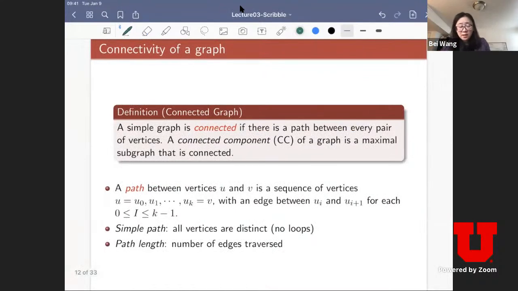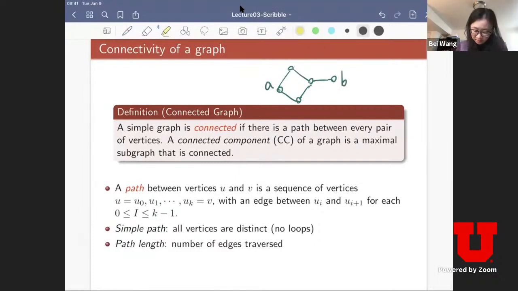All right, so the next thing is the notion of connectivity of a graph. A simple graph is connected if there is a path between every pair of vertices. So this is a connected graph because for any node, let's say A to any node B, there is a path between them, which is this yellow path.